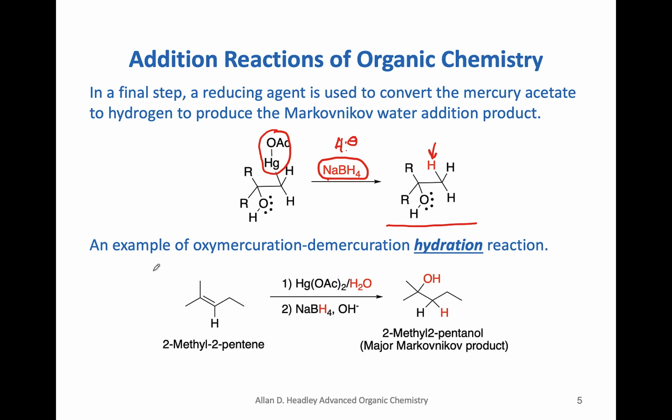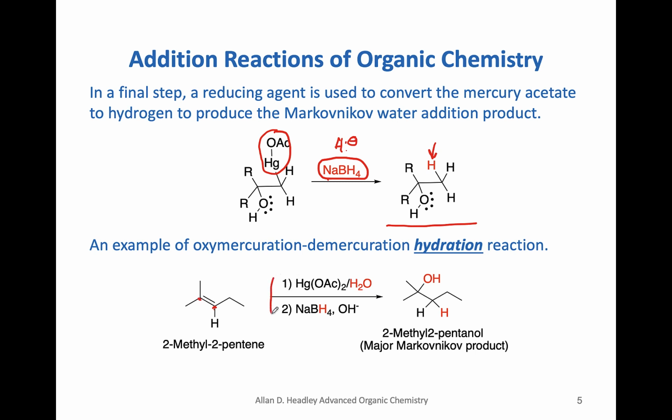So here is an overall example. We have here an unsymmetric alkene where we have 1 hydrogen here and none here. So in a Markovnikov sense, we'd expect hydrogen to add here and the OH to add here.